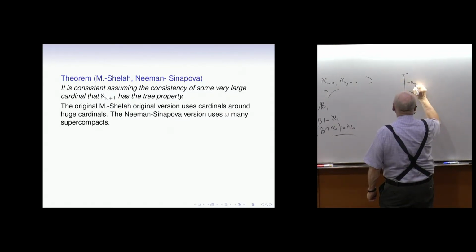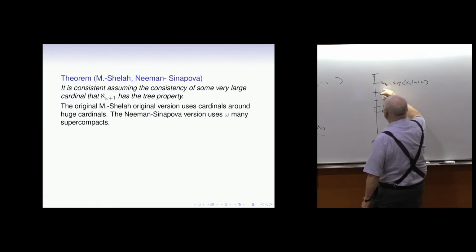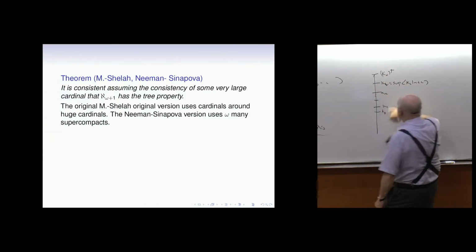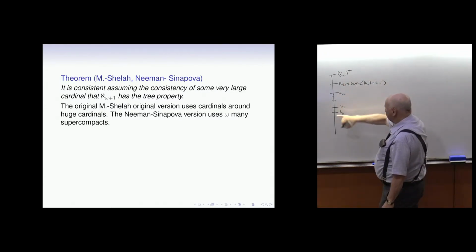Here is kappa omega, which is the supremum of the kappa n for n less than omega. So the cardinal that will become Aleph Omega plus 1 will be kappa omega plus. And the way you get it to be Aleph Omega plus 1, you simply collapse cardinals here.